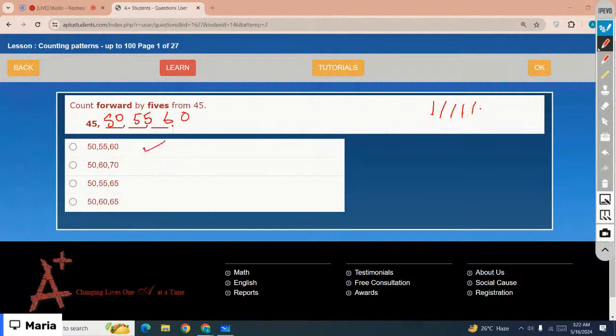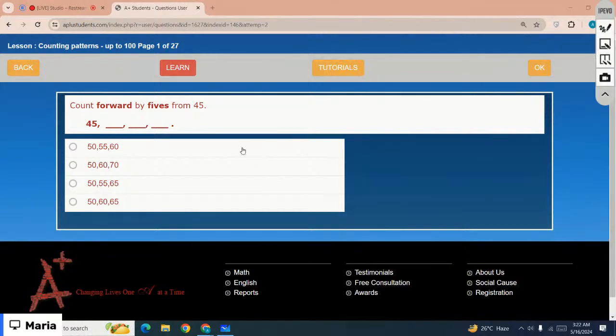Option number A is the correct option. That is 50, 55, and 60 is the correct option, isn't it? The correct option is option number 1. 50, 55, and 60 is the correct option.